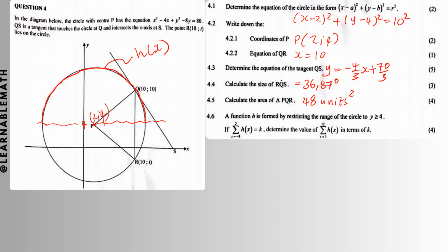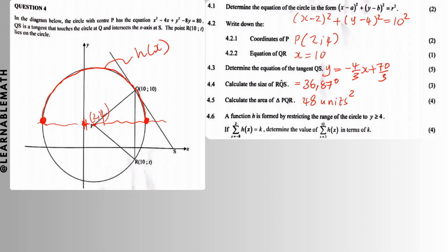We need to understand what the x values are for this new function in red, so that you understand what is happening with this sum and how you can express the other sum in terms of k.